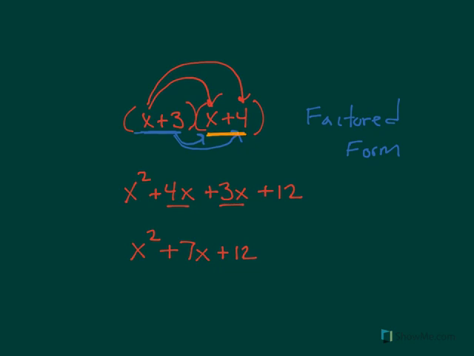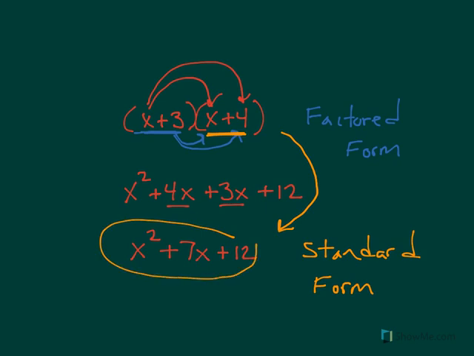And if you multiply these two factors together, then you get the general form or the standard form. So what we're going to be working on today is going from the standard form back to a factored form.